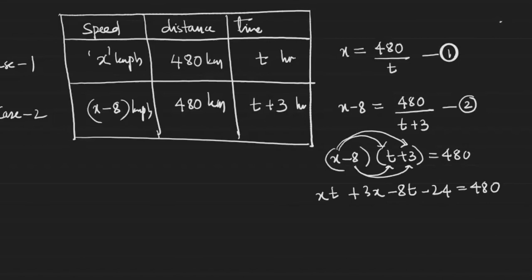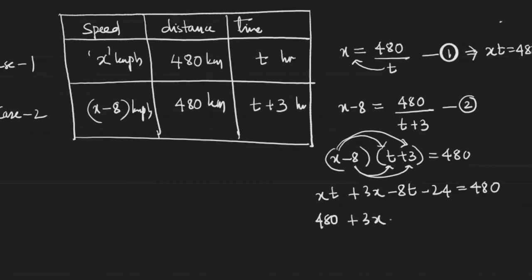But very clearly from the first equation, we can say that x into t is 480.